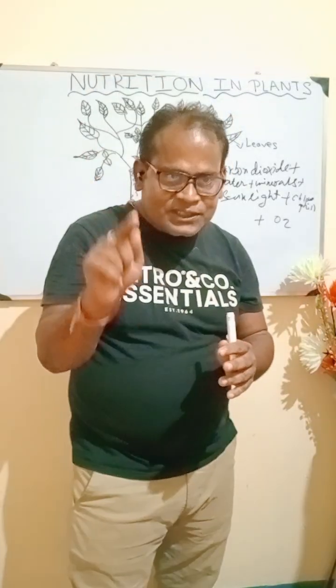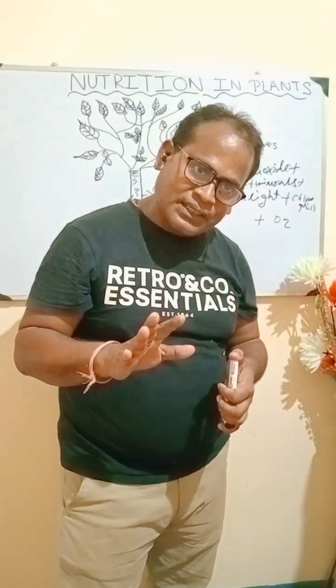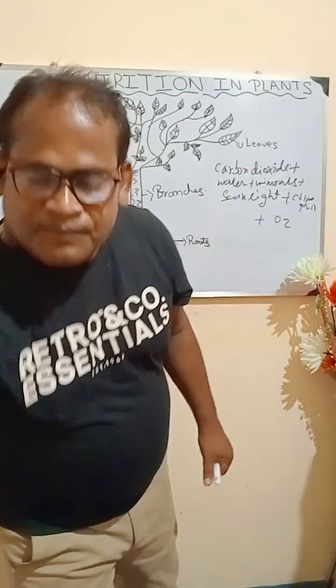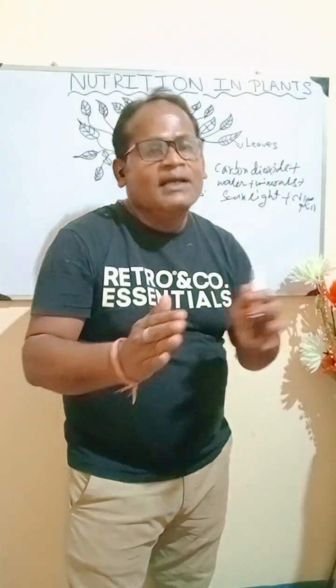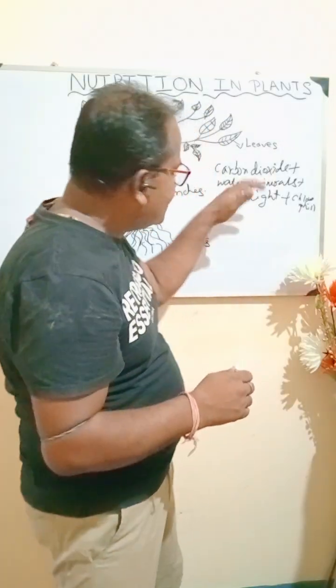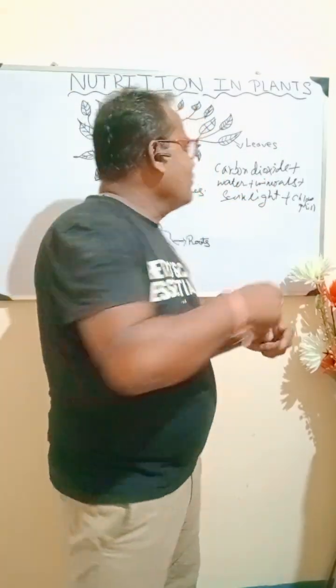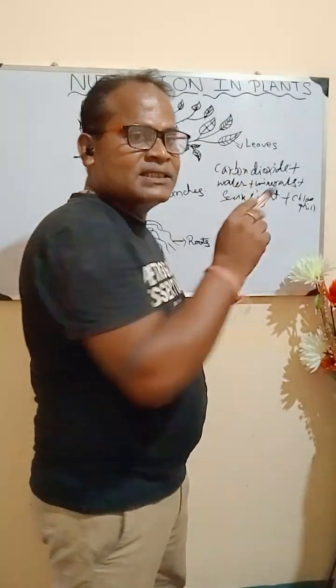Oxygen gas mingles with the atmosphere and it helps the living organisms. So, this is very important. Plants make food in presence of sunlight with all these raw materials. And where do the plants make food? In the food factories, the leaves.